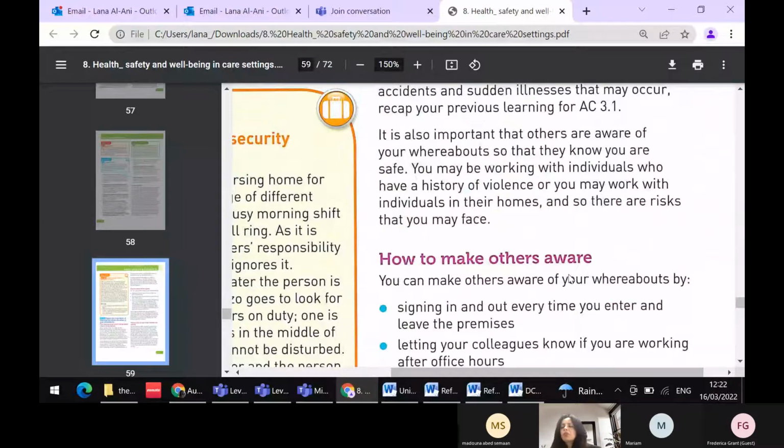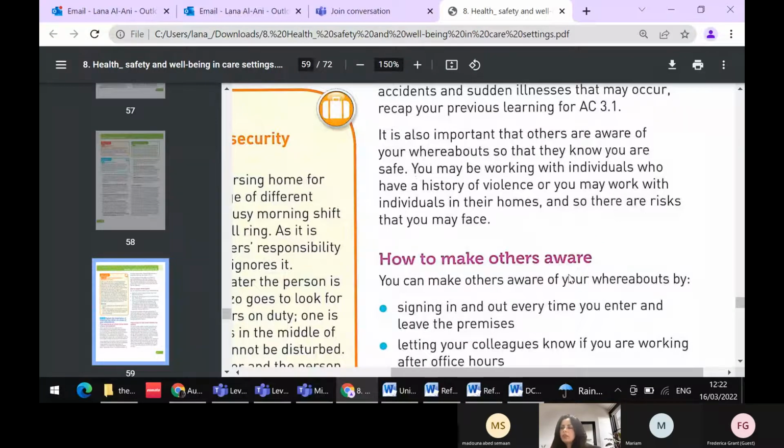Also, it's important that others are aware of where you are, so that they know you are safe. You may be working with individuals who have a history of violence. If your client has a history of violence and suddenly your manager looks for you and can't find you, they would think something happened to you.